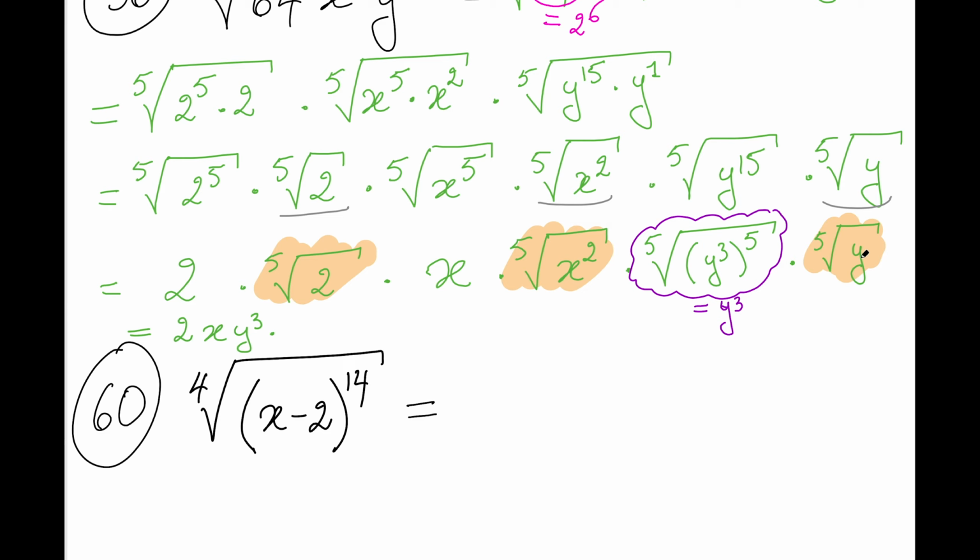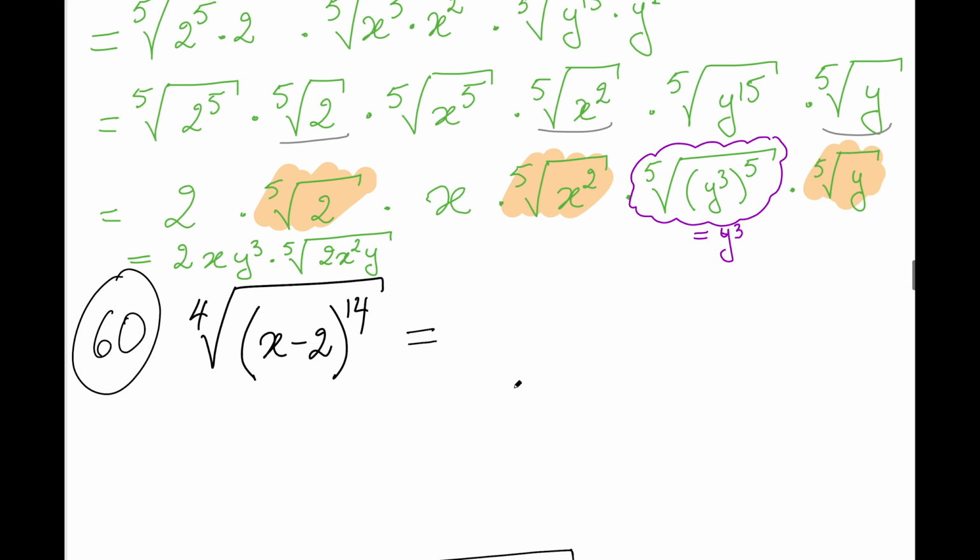By the product rule for radicals, I can just condense the three and write the fifth root of 2 times x squared times y. I realize that this factor here has no divisor other than 1. That's a perfect fifth power, right? Because none of the previous ones did. All right, so we get that.